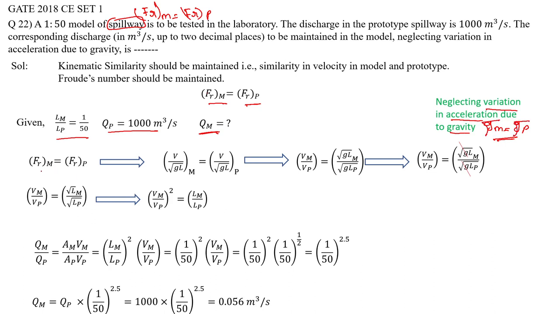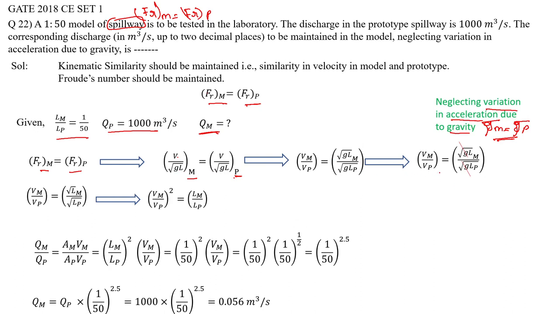So Frm equal to Frp, the Froude number in the model equal to the Froude number in the prototype. We substitute the direct formula V upon root over gL for model as well as prototype. We can shuffle the terms: Vm stays here, Vp can be brought here, and the square root of gL of m can be shifted to the other side.